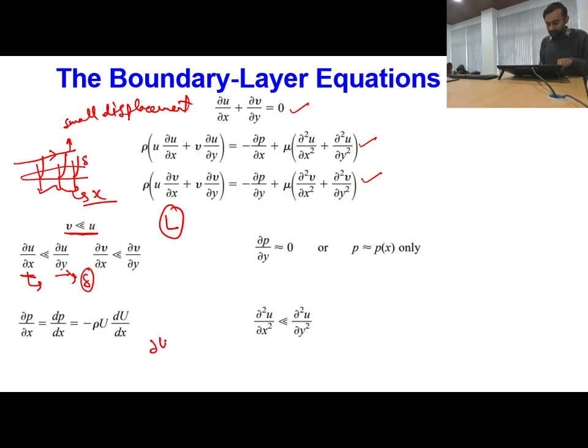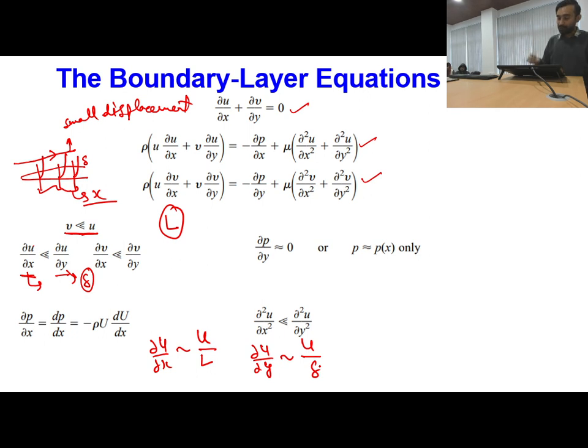It is the u velocity divided by the length scale in the x direction, which is L. The meaning of del u by del y is the u velocity divided by the length scale in which direction? The y direction, which is delta, the boundary layer thickness.